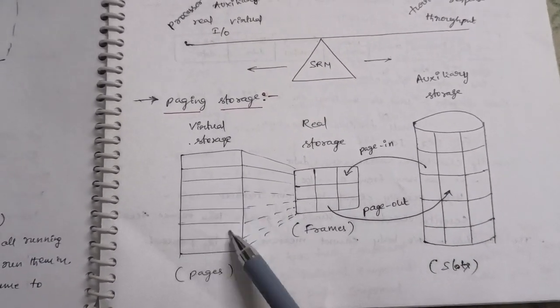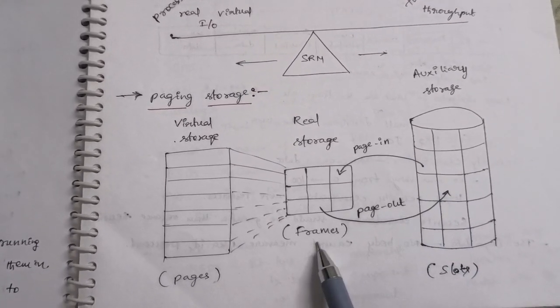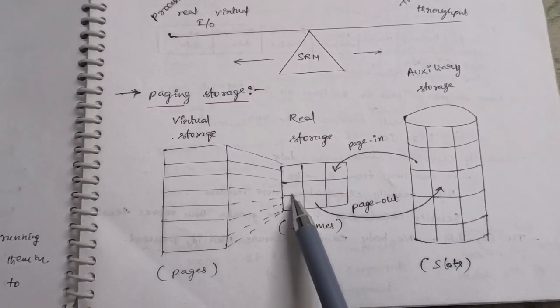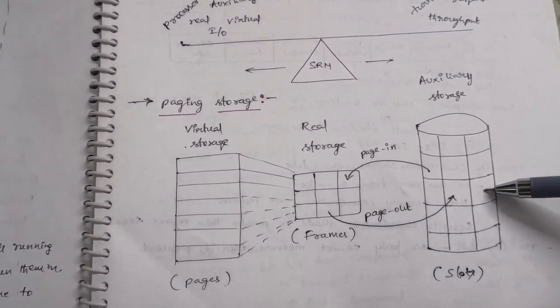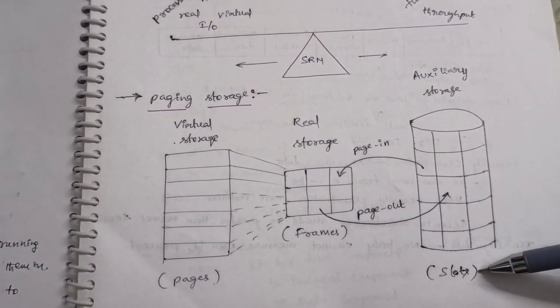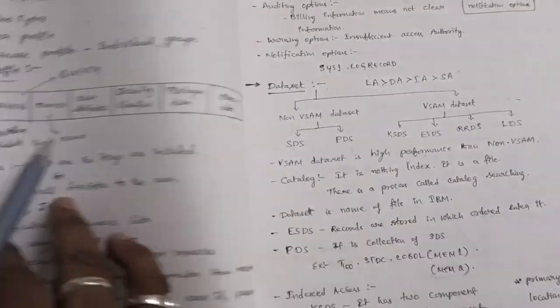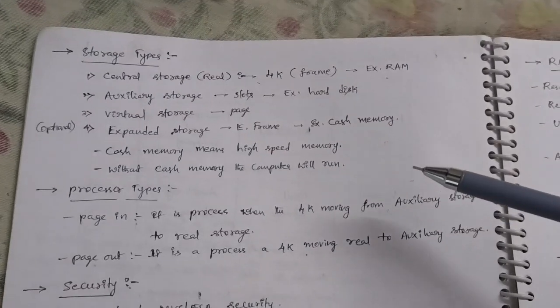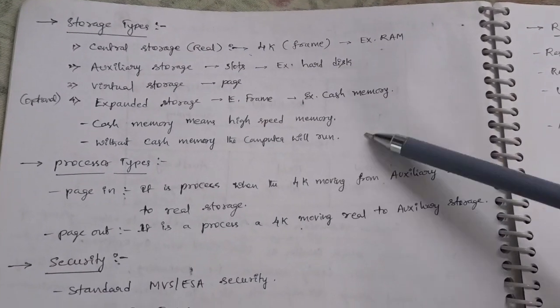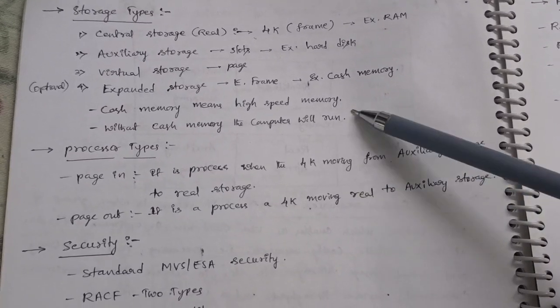And virtual storage we also call pages, and real storage we also call frames, or mainframes. The mainframe is also called real storage. And the auxiliary storage is also called slots. And these are the storage types: central storage, auxiliary storage, virtual storage, expanded storage, and cache storage.